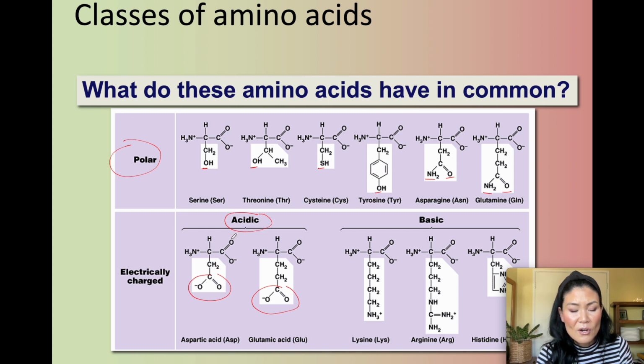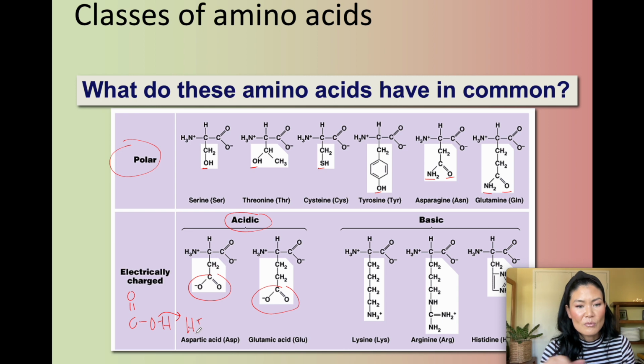And the reason why they're called acidic is because of carboxyl groups. Remember the carboxyl group looks like this, right? Well, this is the ionized version of the carboxyl group where the hydrogen atom is lost. Okay, H+ is released into a solution, and by definition, acids increase the amount of H+ in a solution.